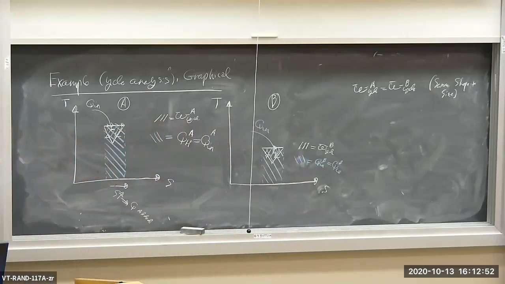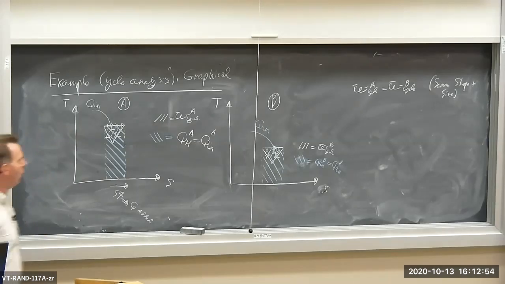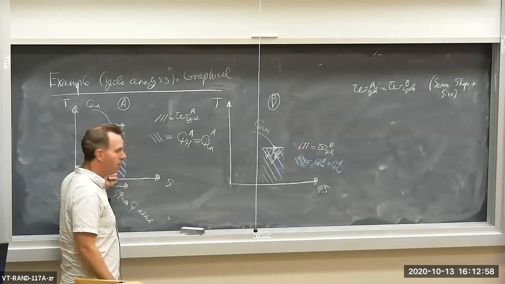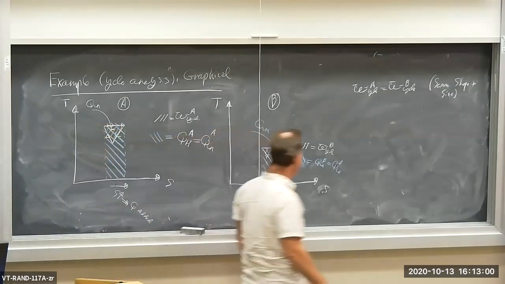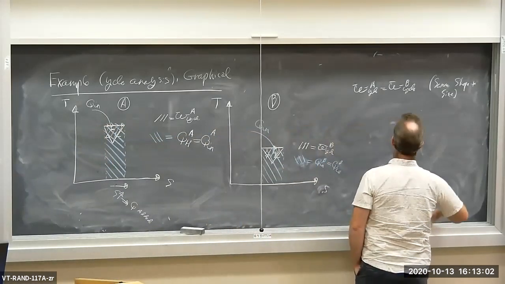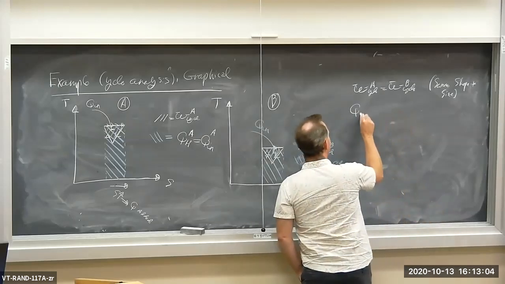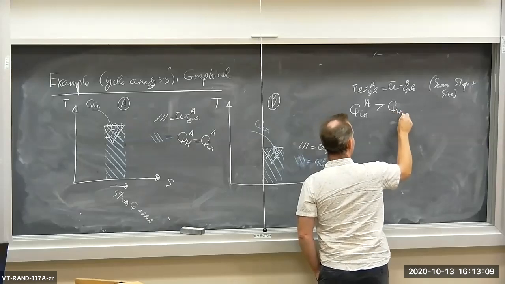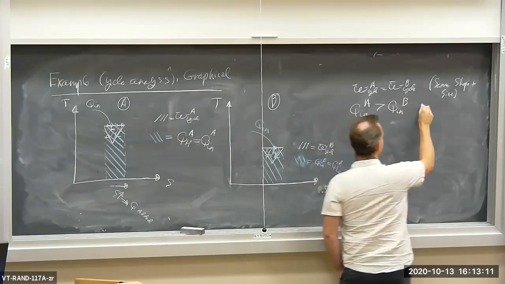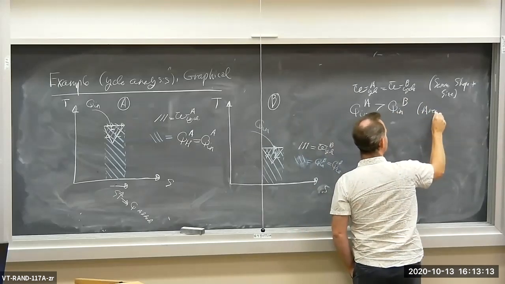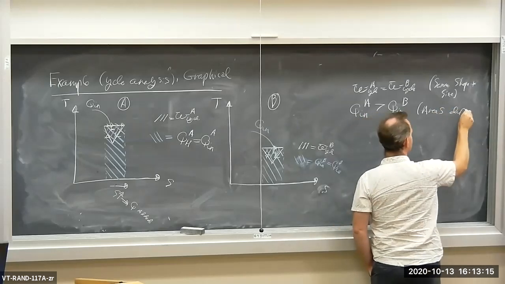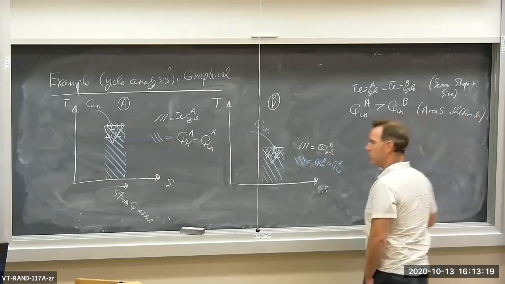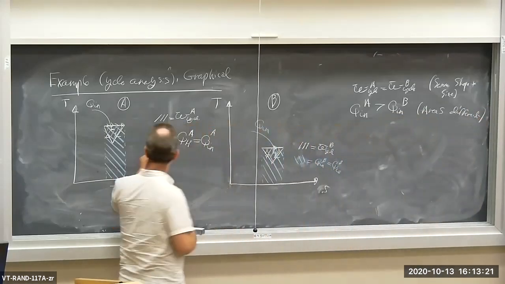So Q in is represented by that area. Which cycle has a greater heat input? This part, the cycle A. So note, Q in A is greater than Q in B. Areas different. And what areas am I referring to? I'm referring to the crosshatch areas, okay?